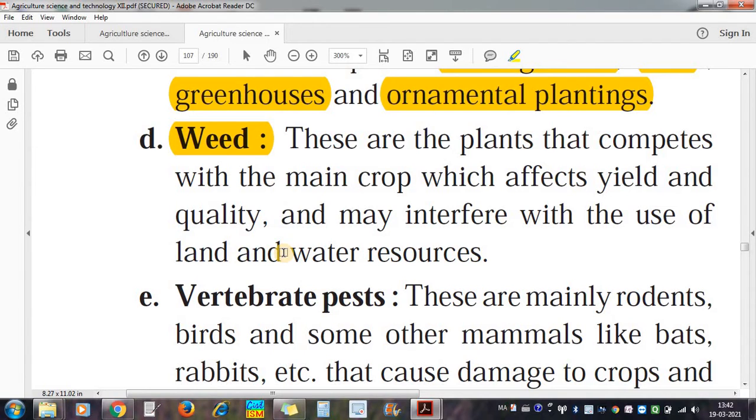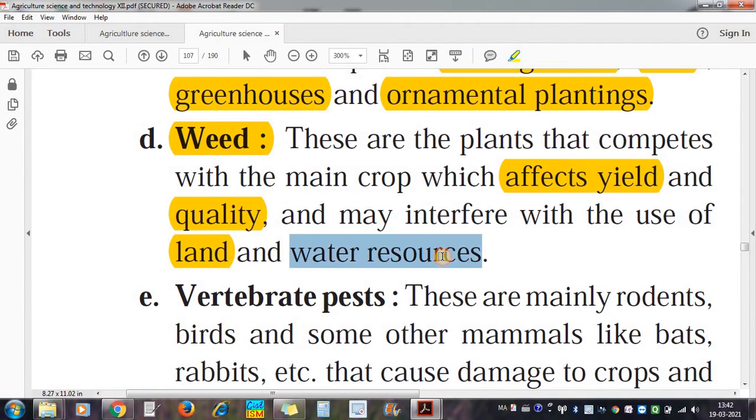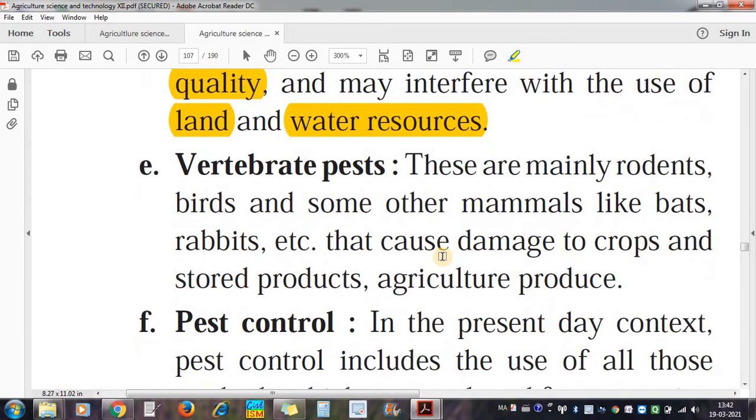So these weeds affect the yield of the crop. They also affect the quality of the crop. Then they cause other problems: they interfere with water flow, they reduce the quality of soil, and water sources are also blocked.